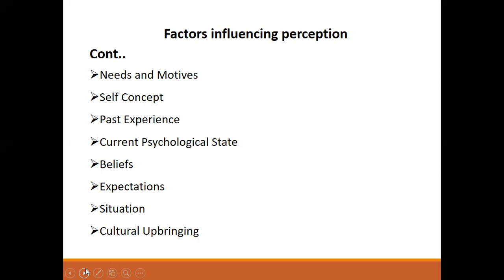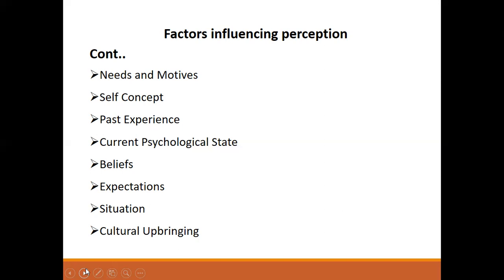Next one, that is past experience. Our perception is always guided by our past experiences and what we expect to see. A person's past experience makes him perceive the current situation a certain way.